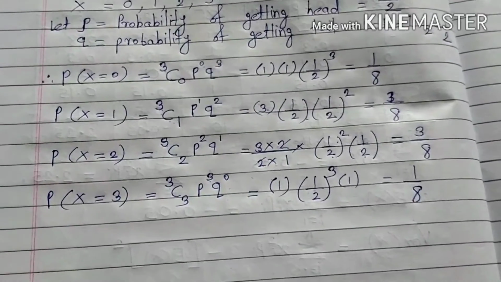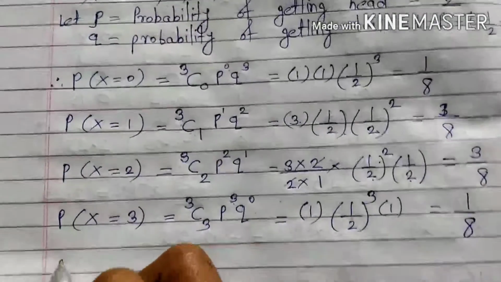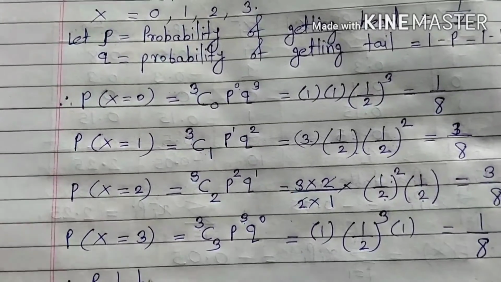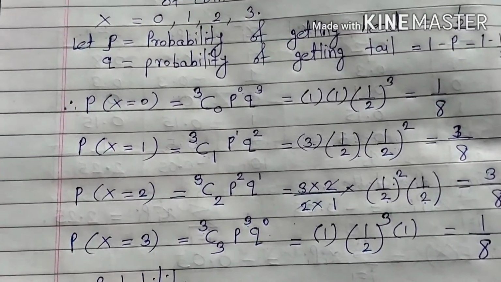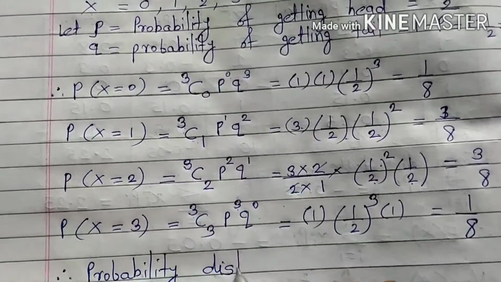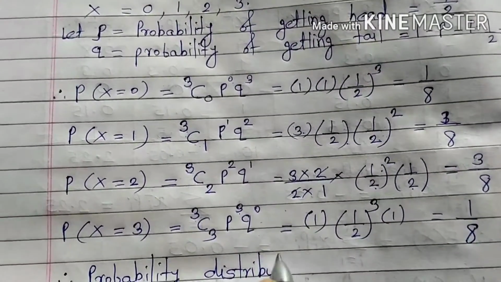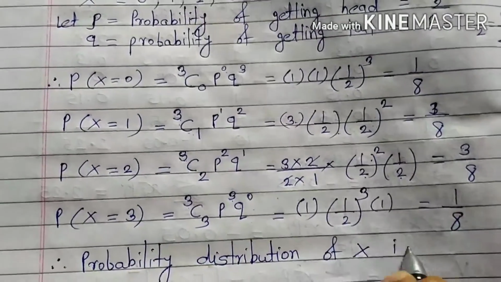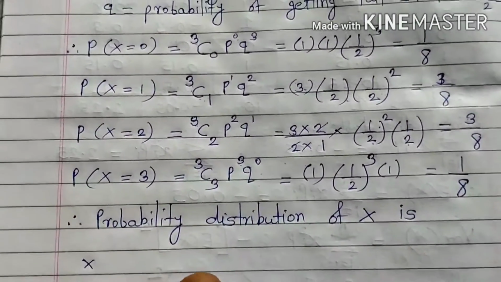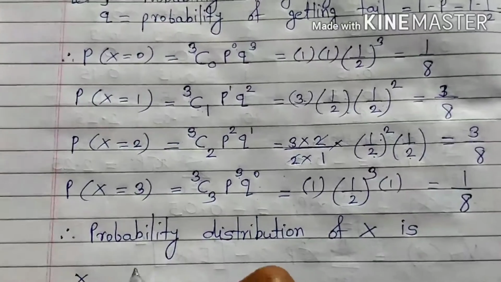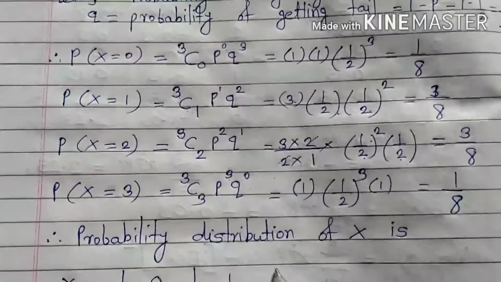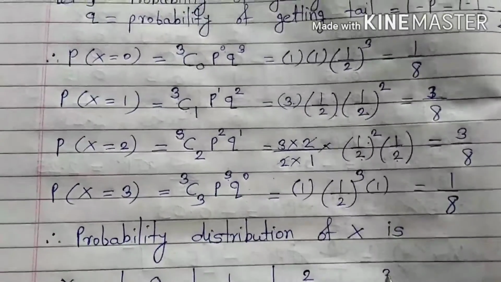So first we find the probability distribution. Therefore the probability distribution of x, so it is x and p(x), with values 0, 1, 2 and 3.